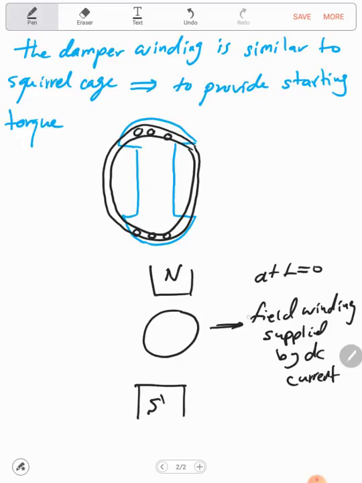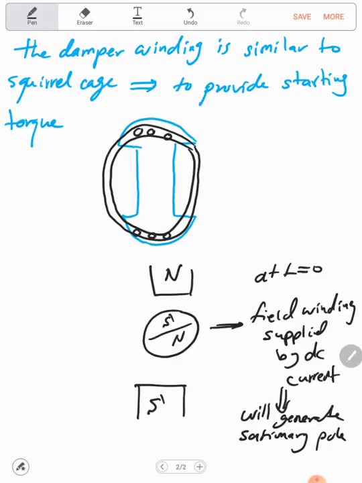So simply we have here a stationary pole on the rotor. The field winding will generate a stationary pole. Let's assume this is the north and this is the south.